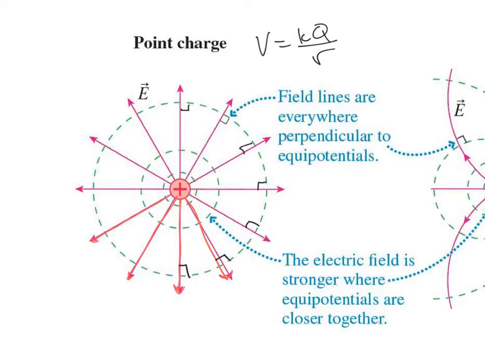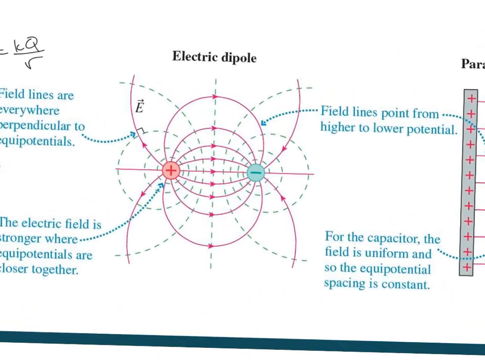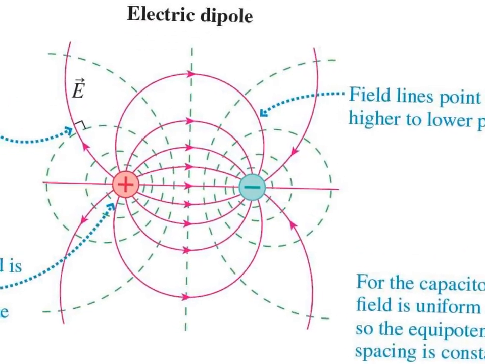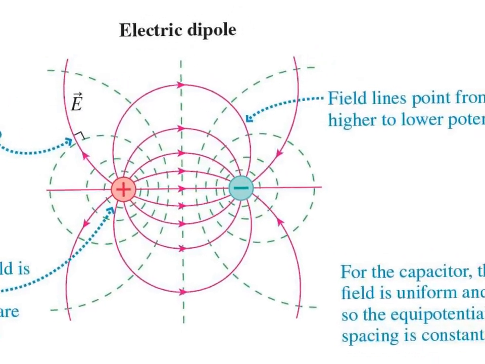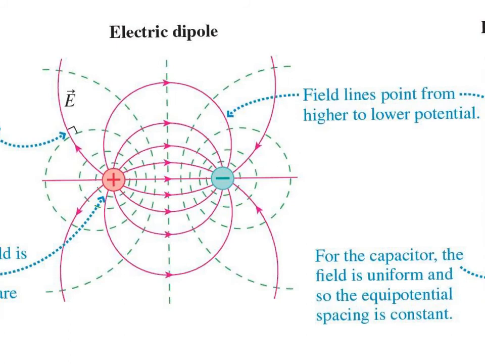Now if we go over to the next example, the electric dipole, we can see the same thing in a little more complicated manner. The equipotential lines go in certain increments, so you could say every green line is another 50 volts out.